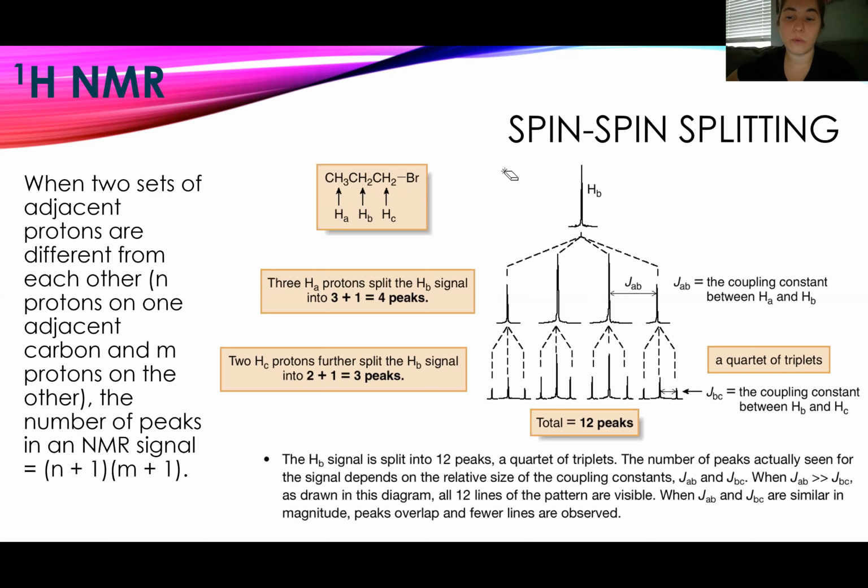So the way that you can look at it is HA is going to split HB into a quartet, but HC would split HB into a triplet. So what you end up with is a quartet of triplets. If that makes sense.